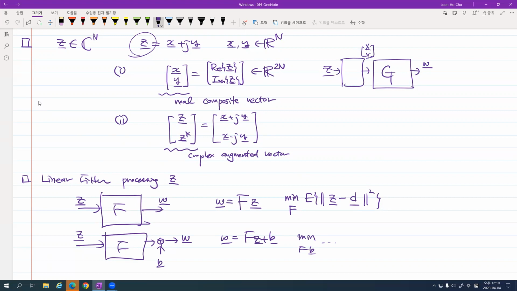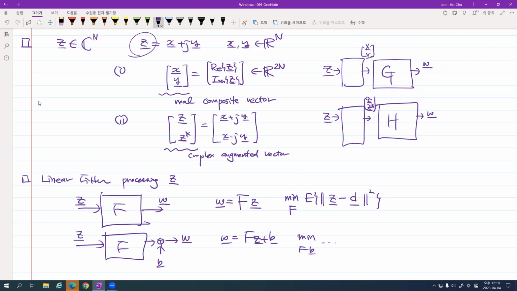And what about this? Here you have Z, and here is a converter that produces Z and Z conjugate. And then you have some H and W. You can prove, I'm just scratching the surface today, you can easily prove that such a linear filter and such a linear filter have the same degrees of freedom.